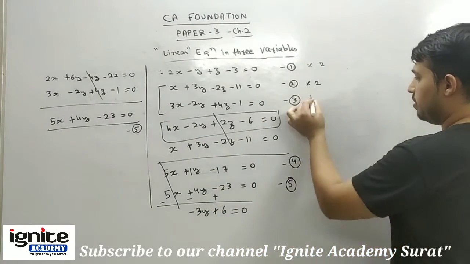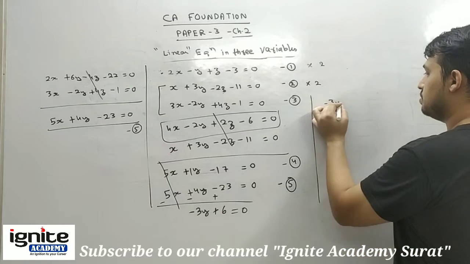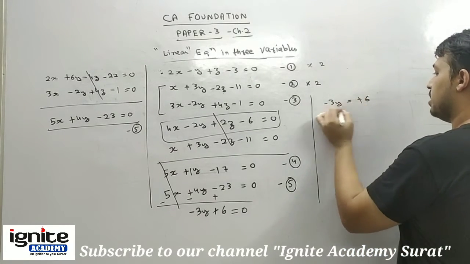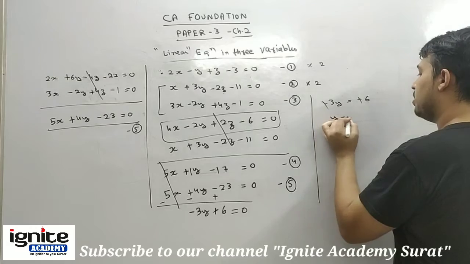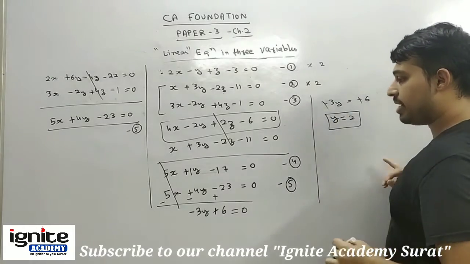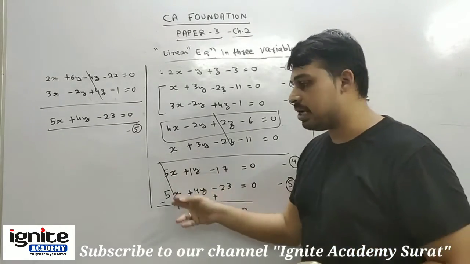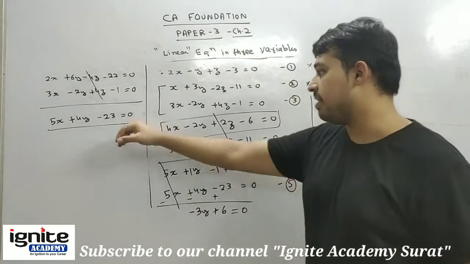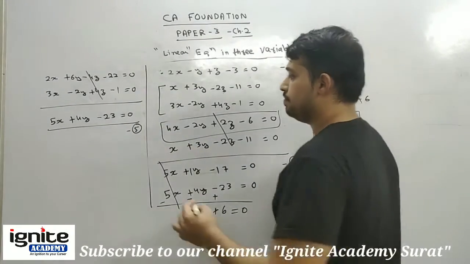Now solving it further, this will become minus 3y equal to minus 6, so y equal to 2. Once you get y, you can put it in either equation 4 or 5 to get x.